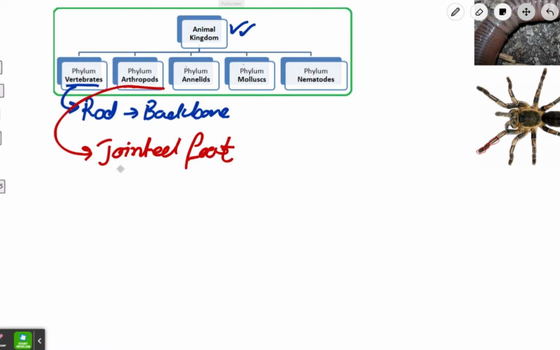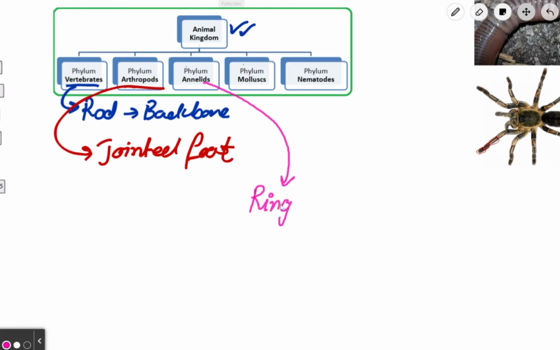Phylum annelid, what does the word annelid mean over here? The word annelid means ring. I want to make it easier. There are a lot of details, just to tell you an overview of it. So phylum annelids, ring.